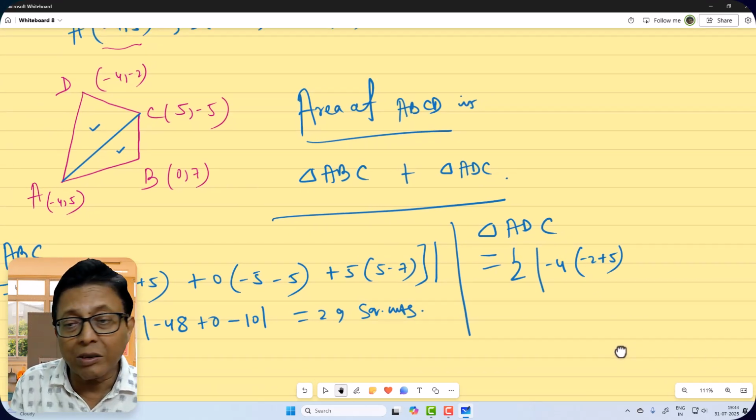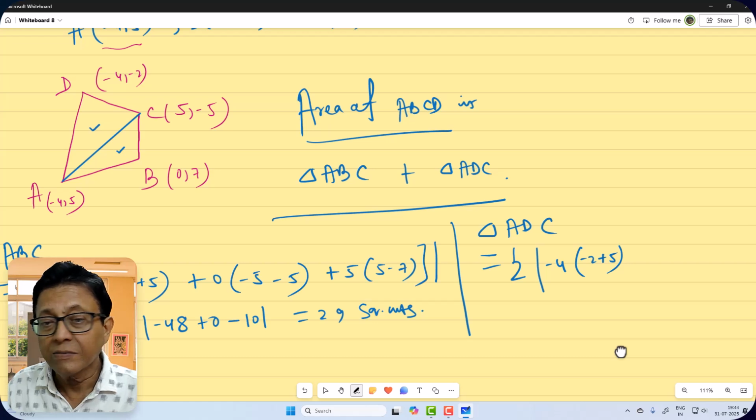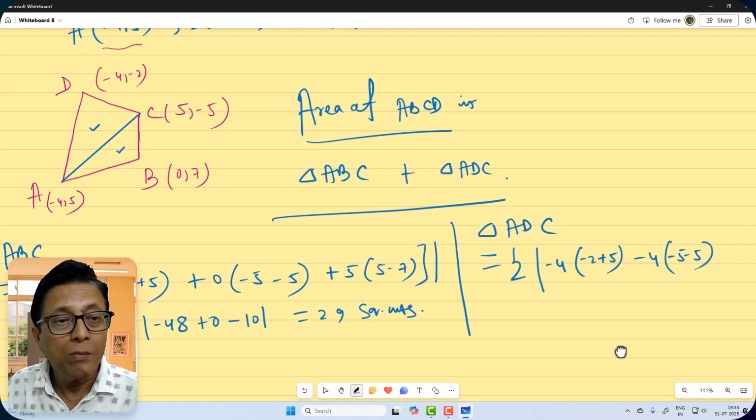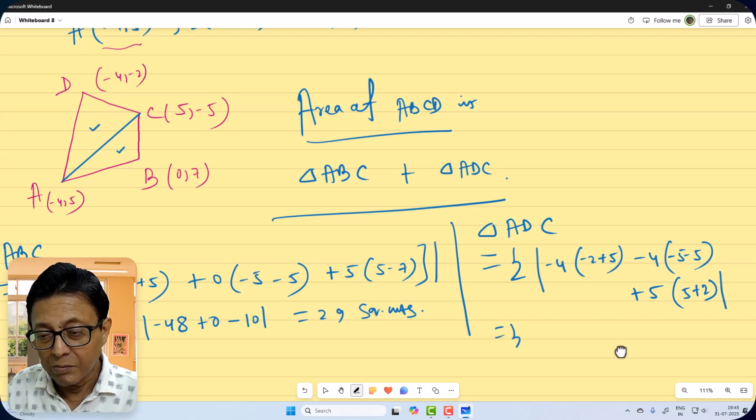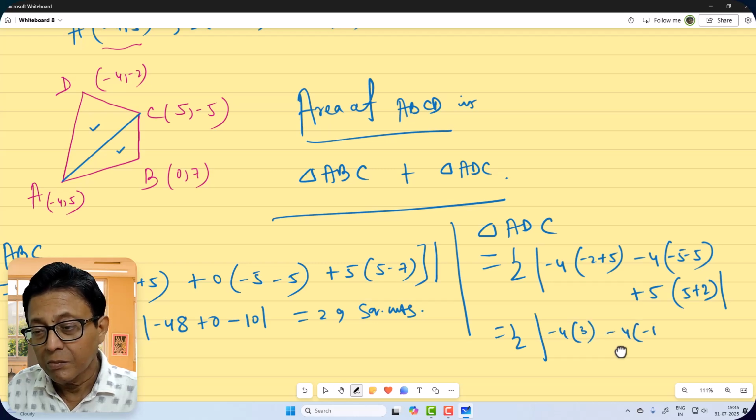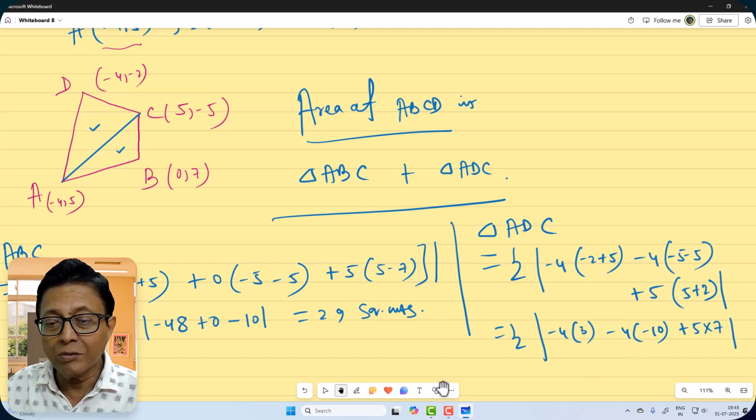ADC, keep this order only, plus, again minus 4 plus 5 into, half into five into 7.